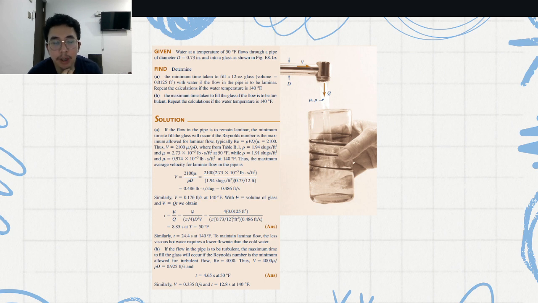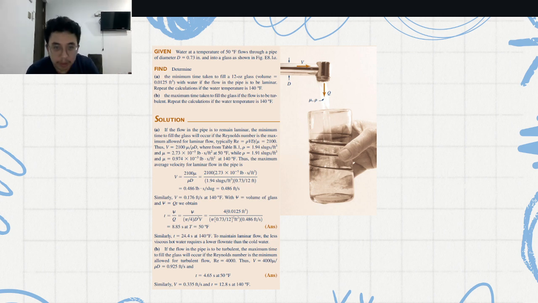Thus, the maximum average velocity for laminar flow in the pipe is V equals 2100, which is the maximum Reynolds number for laminar flow, times mu, which is dynamic viscosity, per rho, which is the density, and d.